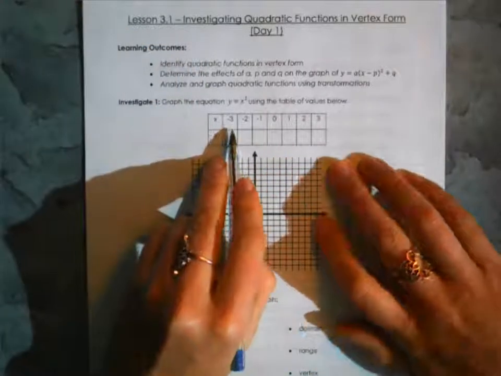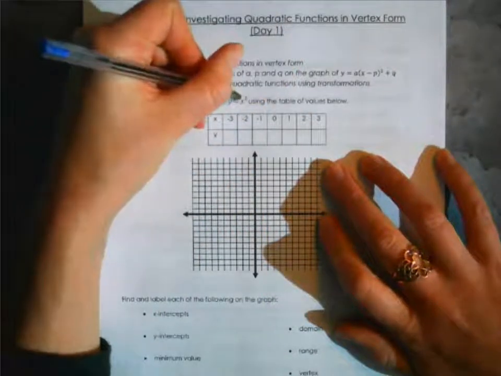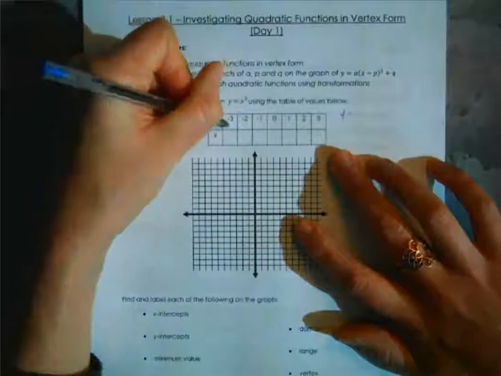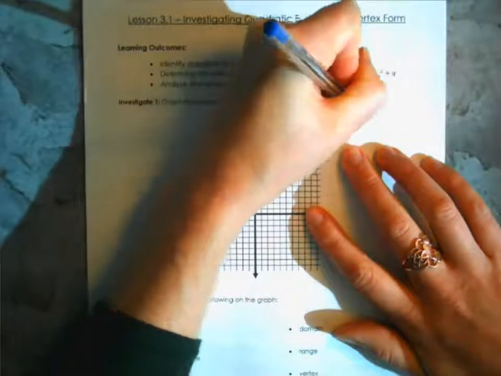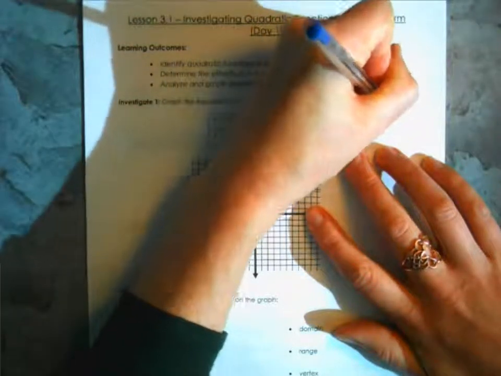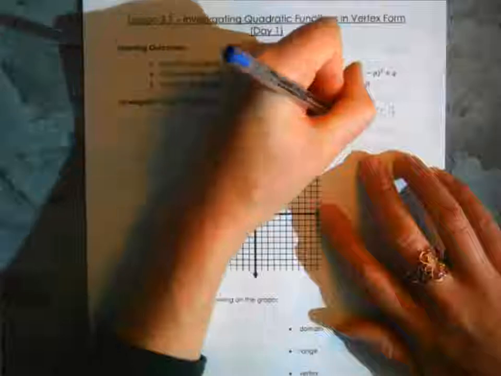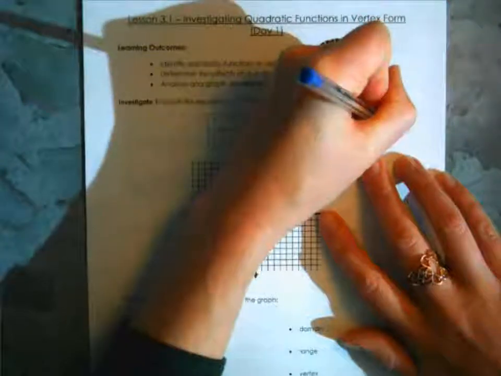If x is equal to negative 3, essentially what you would do to solve for your y value is just plug in negative 3 for x, right? So negative 3 squared is going to be equal to 9. Now the next one we could do, y equals, we're given x as negative 2 squared, and that equals 4.